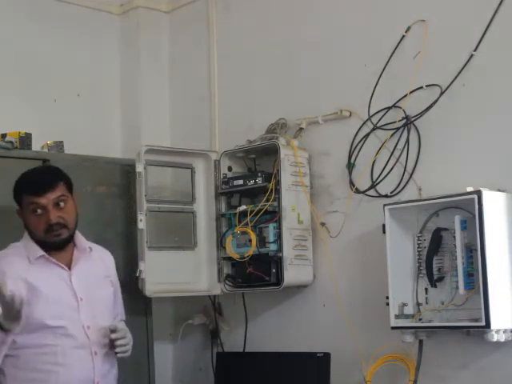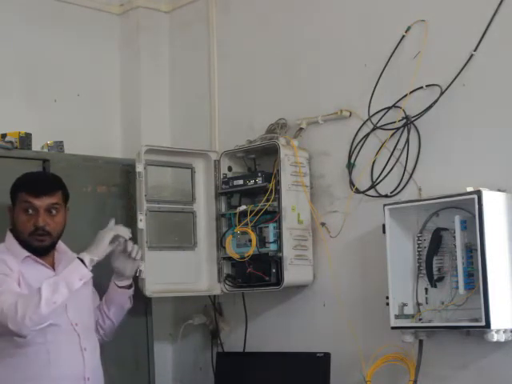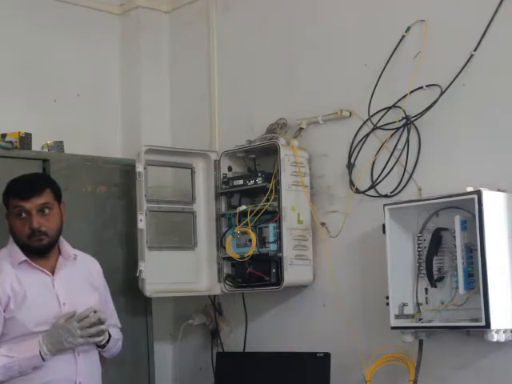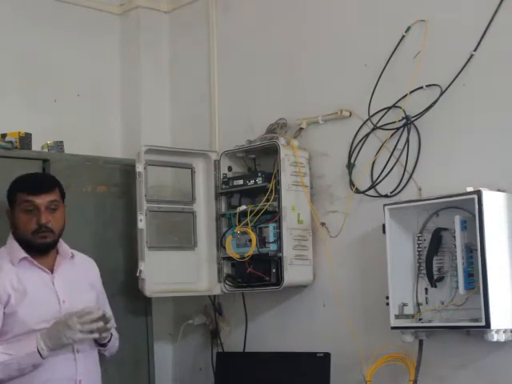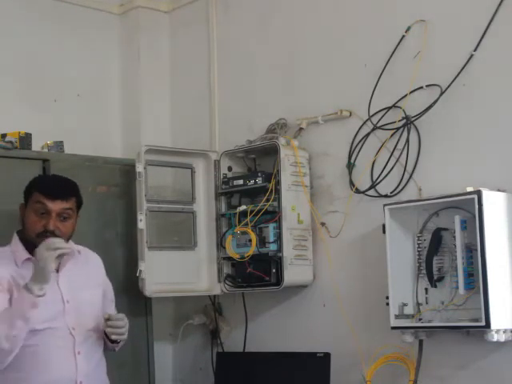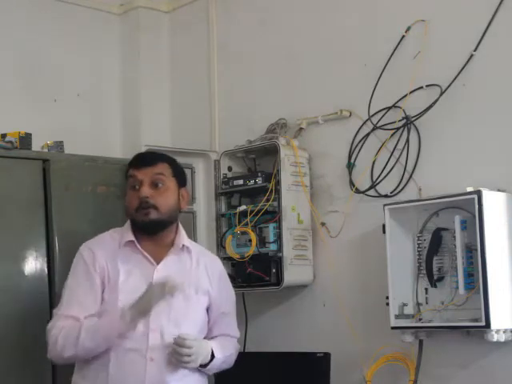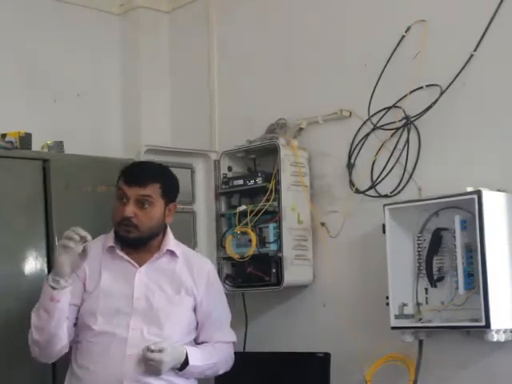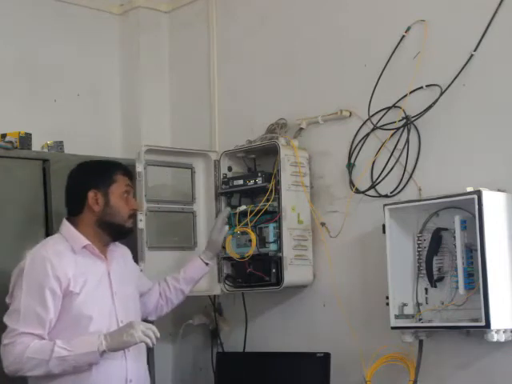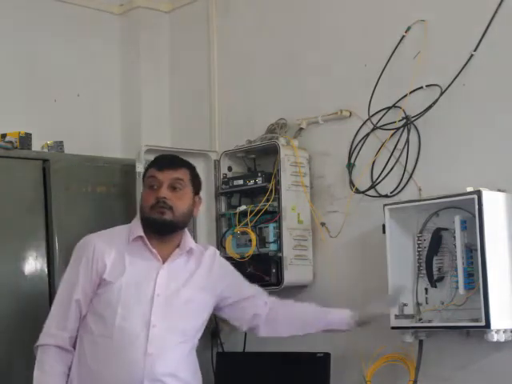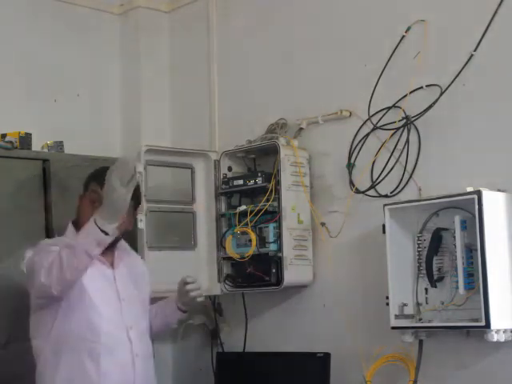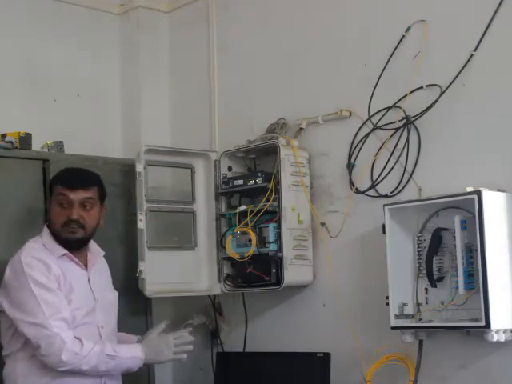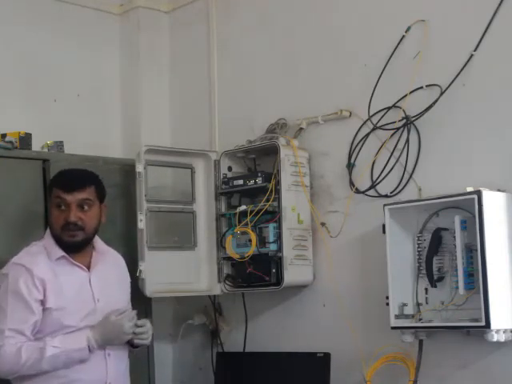Now in the BSNL exchange there is an OLT. At that OLT he needs to see whether the OLT is up or down. If the OLT is down, this VLE will not get power over here. From the BSNL exchange till the GP, he is maintaining the fiber now.